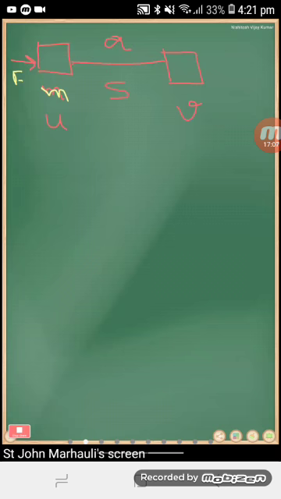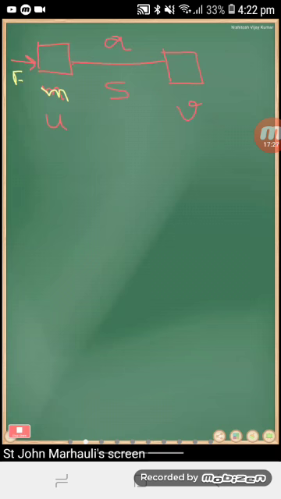So what we are considering is a body of mass m moving with an initial velocity u, and a constant force F is being applied on the body in the direction of the motion.